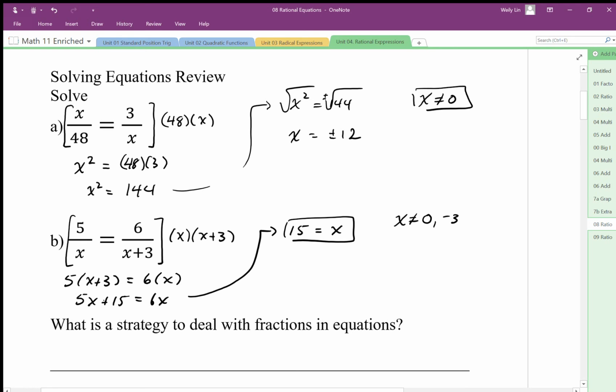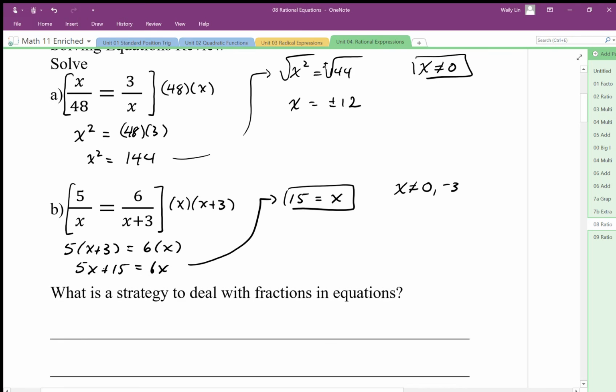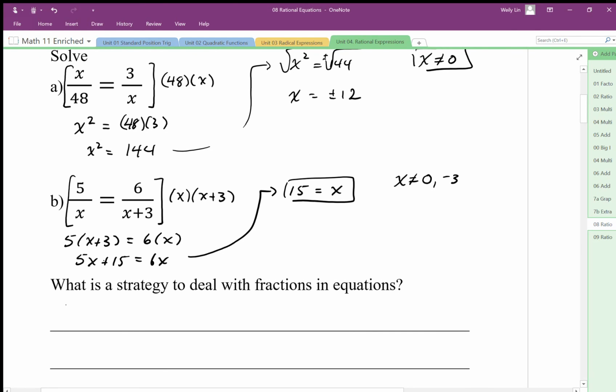Yeah, 1/3 equals 1/3. So the general strategy to deal with fractions in an equation, whether it be numerical fractions or algebraic fractions, okay, we want to clear out the denominator. So it is beneficial to clear out the denominator.